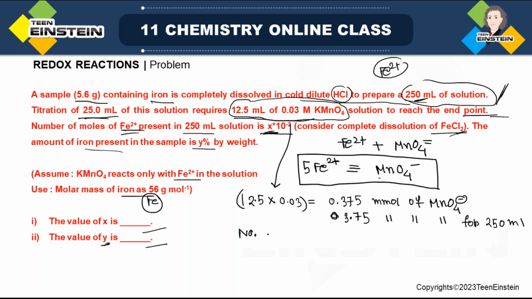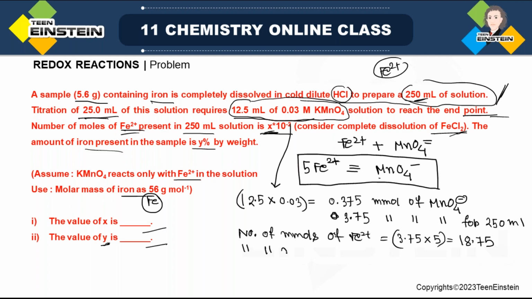So the number of millimoles of Fe2 plus is equal to 3.75 multiplied by 5, and this will give you 18.75 millimoles.